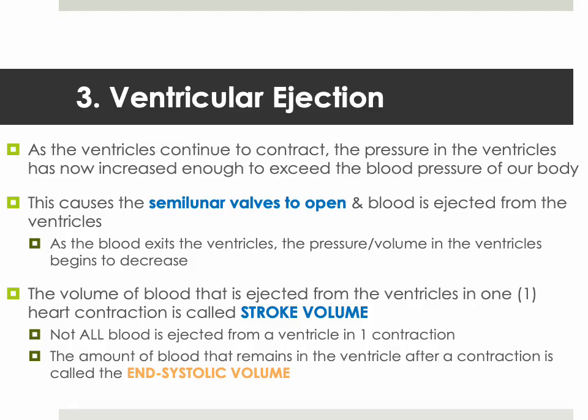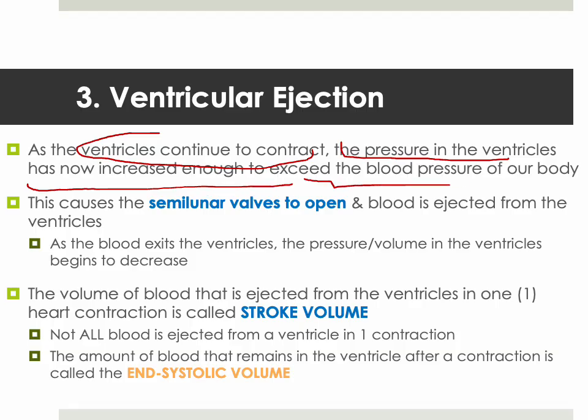In the ventricular ejection phase, the contraction continues and pressure is building up, so it exceeds the blood pressure of our bodies, and this pushing of blood is going to push the semilunar valves open, and blood is going to be ejected from the ventricles. Okay?